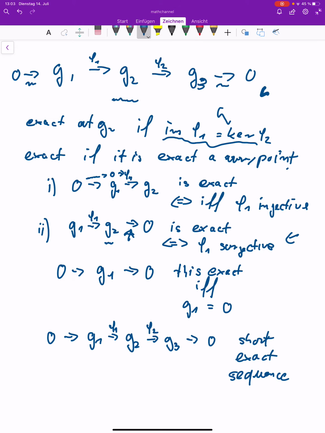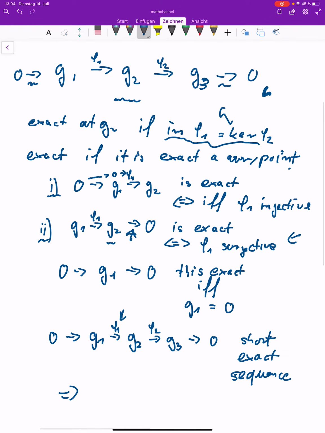This short exact sequence has the property that this map phi1 is injective by 1, and phi2 is surjective. Right? This is a direct consequence.